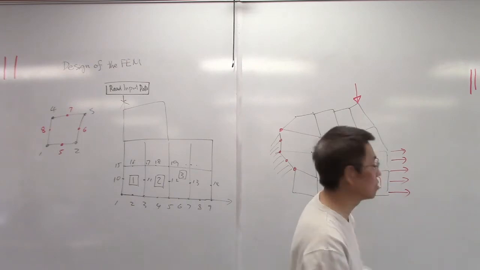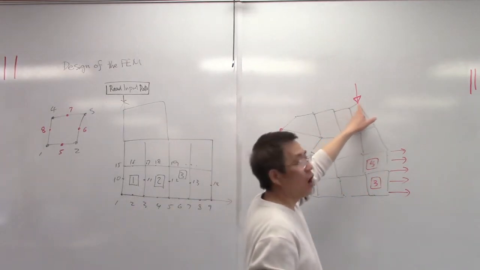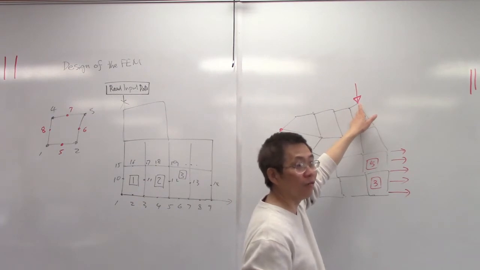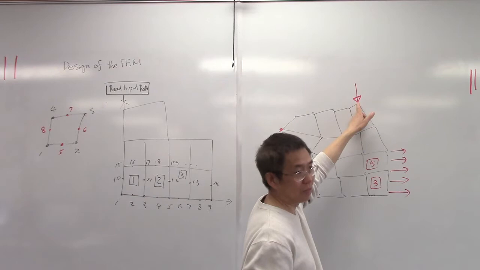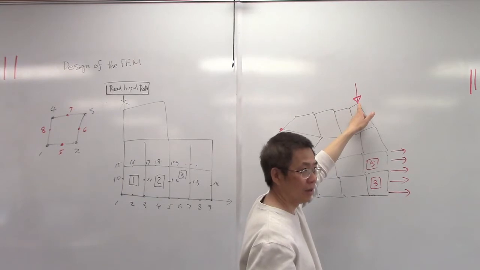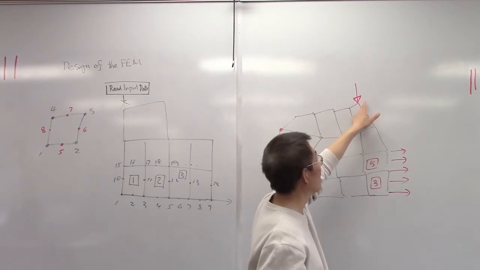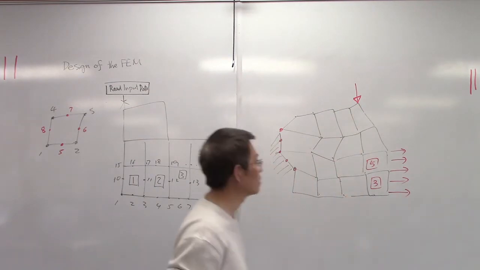So you need to specify 2 components. All right? And for the concentrated node, if it's a point force, it's much more convenient to just use the node. You will say, for that particular node, there is a y force of how much acting on it, and x force of how much acting on it. So specify x and y force component.